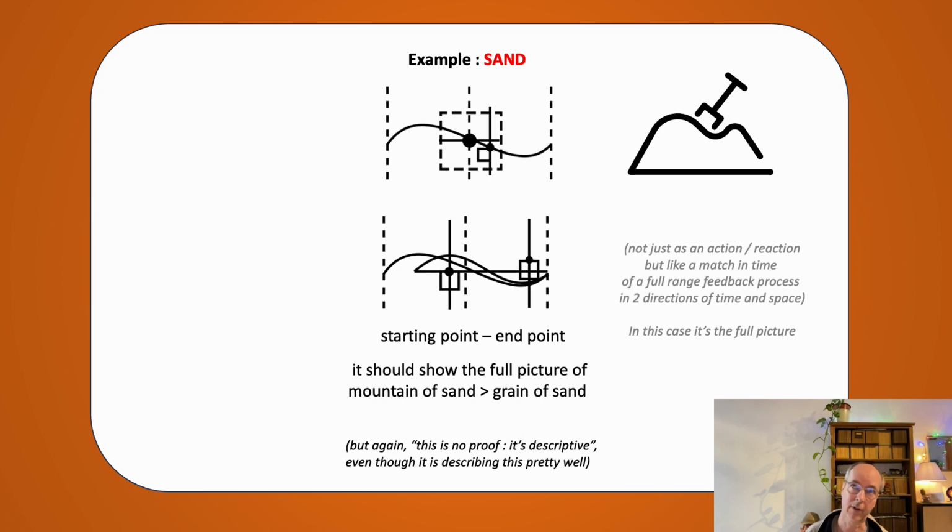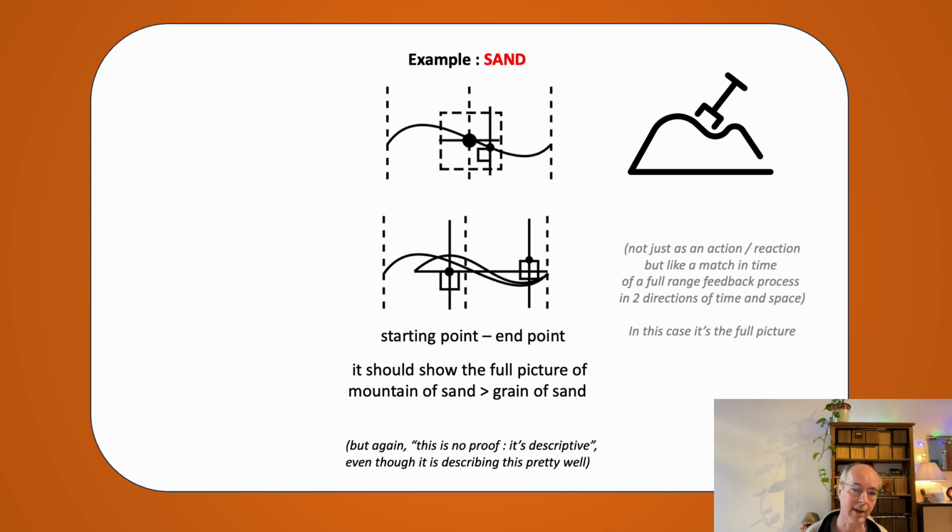But if you understand the background of the theory and you know that S is the whole range in time and space that has some differences and some adaptations, it could even express the full range, from the sand mountain up until the grain of sand and the whole structure in between.